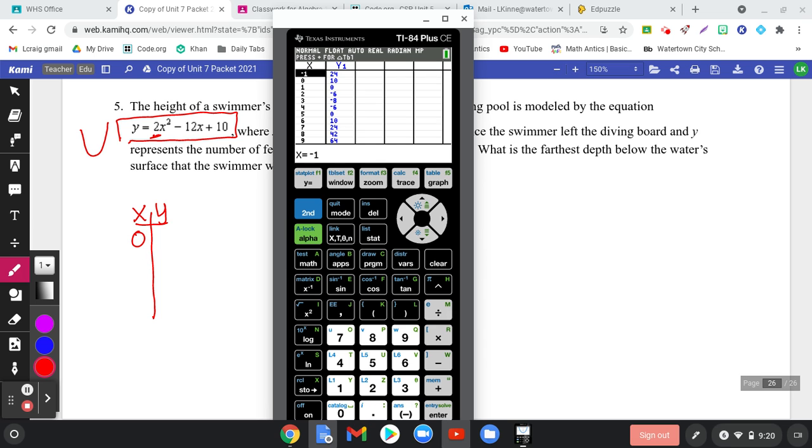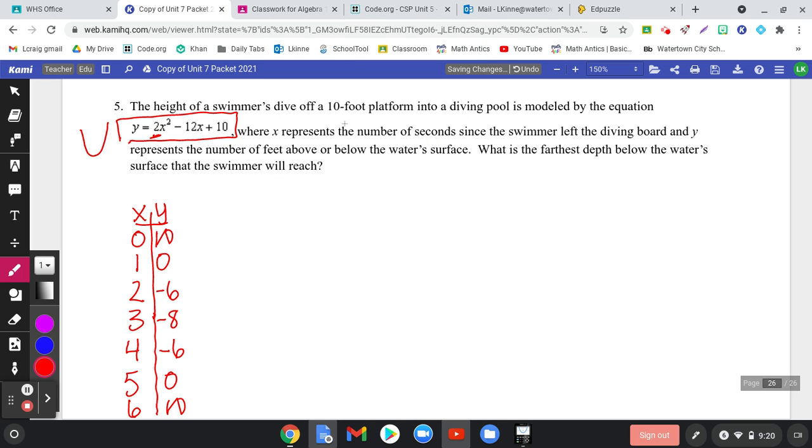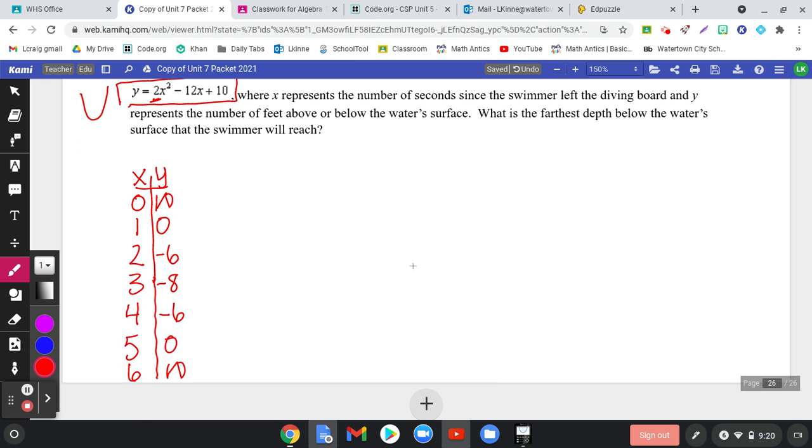So 0, 10, 1, 0, 2, negative 6, 3, negative 8, 4, negative 6, 5, 0, and we'll just add 6, 10 back on just for the heck of it here. All right, so let's envision this. The height of a swimmer's dive off a 10-foot platform. All right, here's the lowest they're going to get into the water.